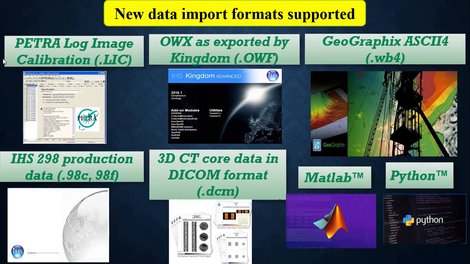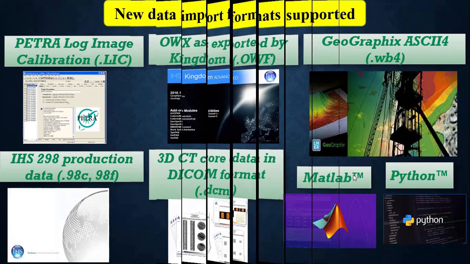There is support for various formats that can be accepted by Geolog, for example Petra log image calibration with the extension LIC, and OWX as exported by Kingdom, the GeoGraphix ASCII format, IHS 298 production data, the 3D core data, the DICOM format, MATLAB, and Python.